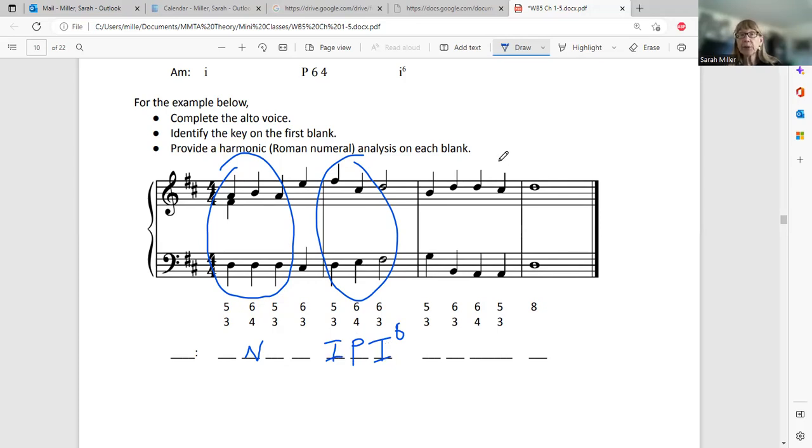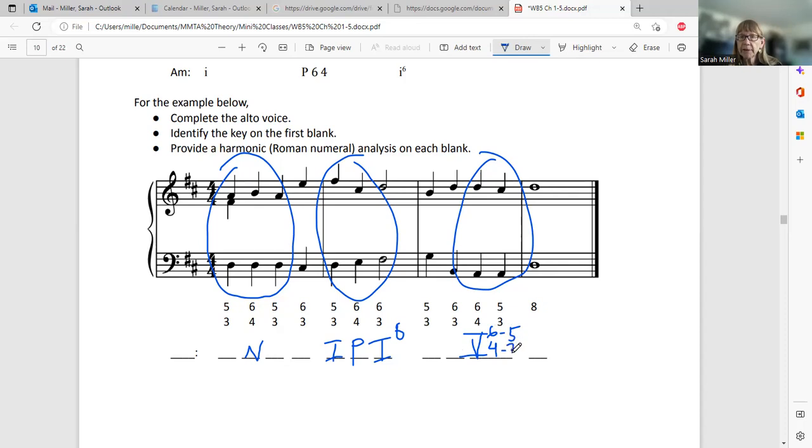Now this is an exceptional example because it includes all 3 of the most commonly used 6/4 chords in this chorale type writing. So here again is the one where the student would write just the Roman numeral 5 and then 6/4. We don't have the 7th here, so just 6-4 and then 5-3.